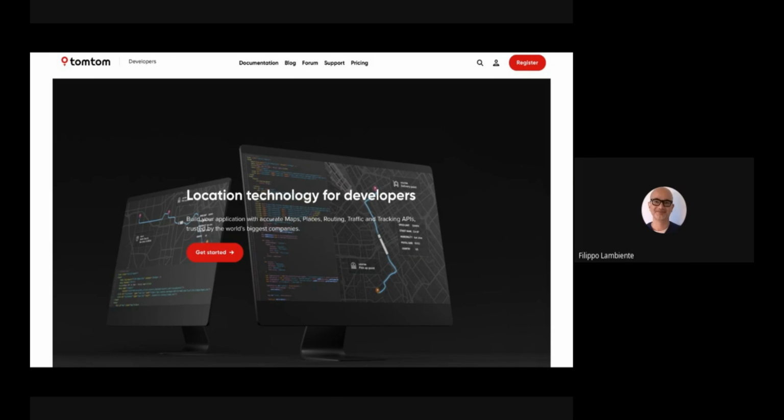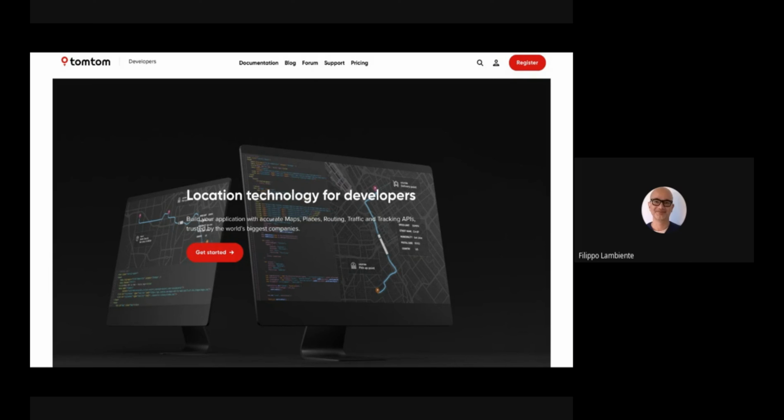TomTom changed their business model, and now they are selling digital products. The digital products have exactly the same functionality that you would have in the navigator, but are exposed via API. So you can implement your own product and services by embedding the API that TomTom has developed.